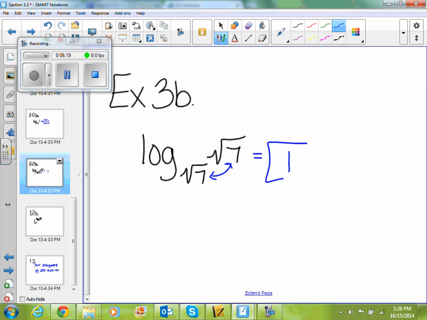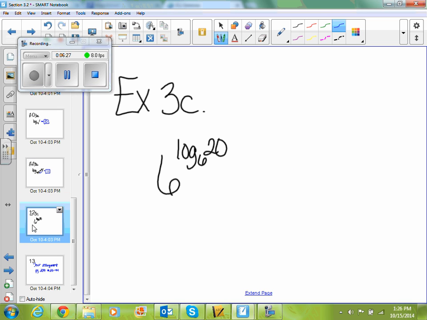So when they have the same base and the same number, it's always going to equal 1. Okay. And then the last thing we're going to look at is 6 to the log base 6 of 20 power. What did we say that this log and the base actually do? They cancel. So then my answer would just be 20.